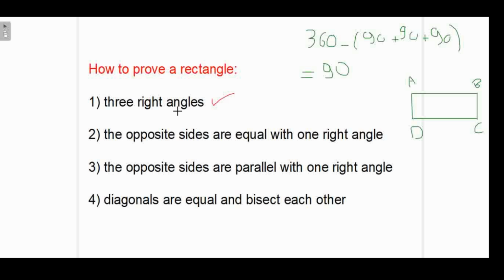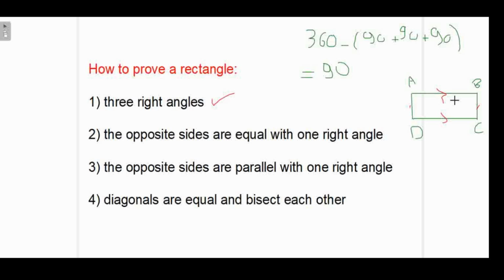If we have no given regarding the angles, we can move on to the second way, which is about the sides. If the opposite sides are equal, and we have two pairs of opposite sides, the first pair AB and DC, and the second pair AD and BC.